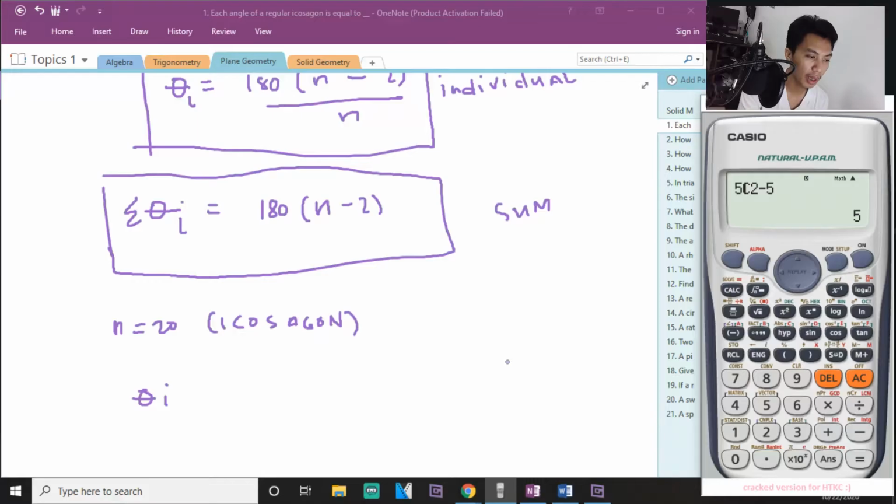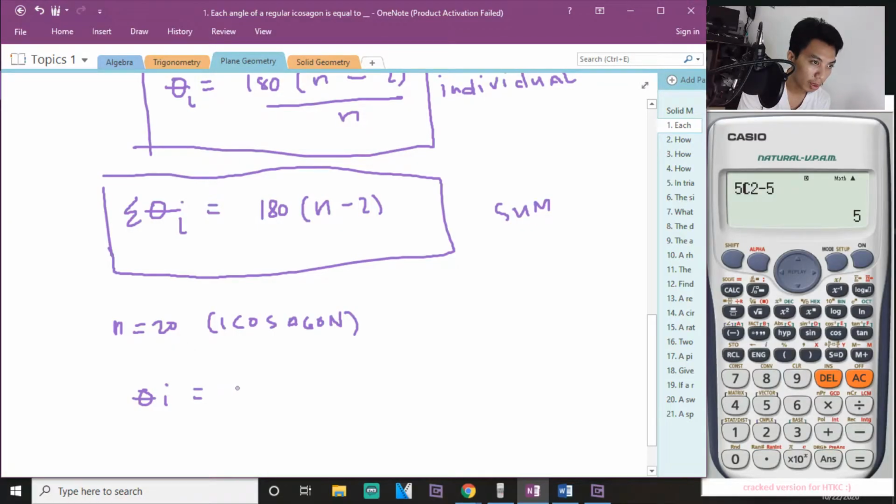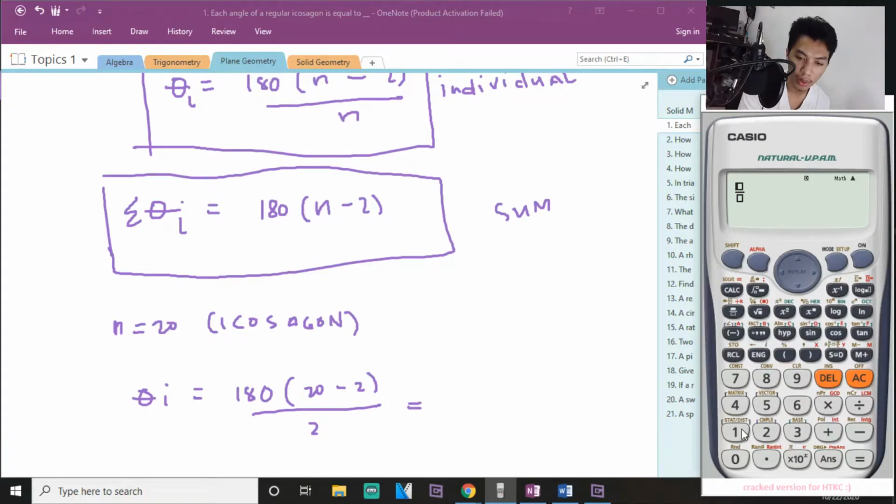Okay. So, theta ay equal to 180 times n, that is 20 minus 2 over 20. So, in calculator, that is 180 times 20 minus 2 over 20. Hindi, n pala, 20 yan.